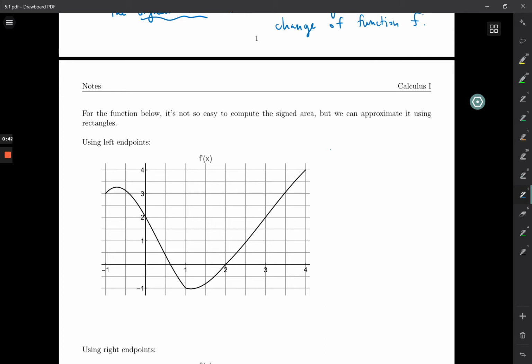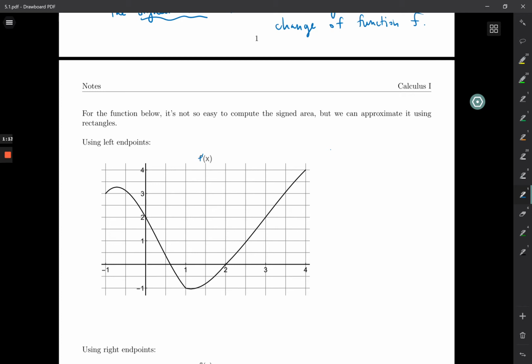So what we're going to do is approximate the area under this curve. This is f prime, so this is supposed to be a derivative. And a common way to do this is to use rectangles, a certain number of rectangles, and we'll make them all the same width just to simplify things a bit so we don't have to worry about having variable widths.